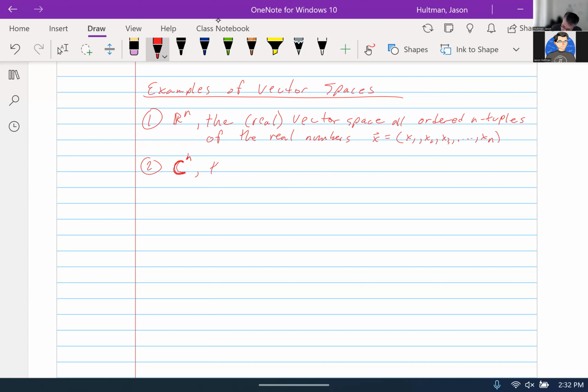And this is the complex vector space of all ordered n-tuples of complex numbers.